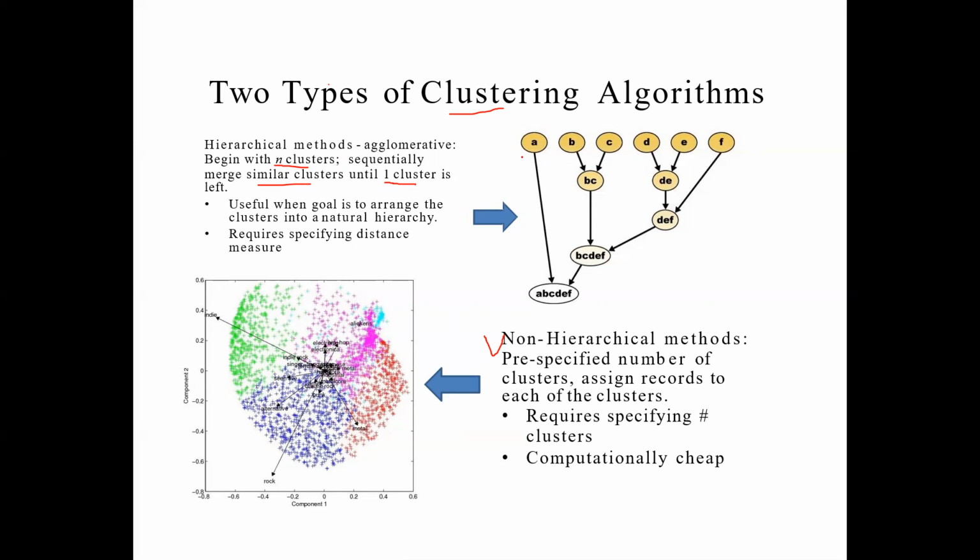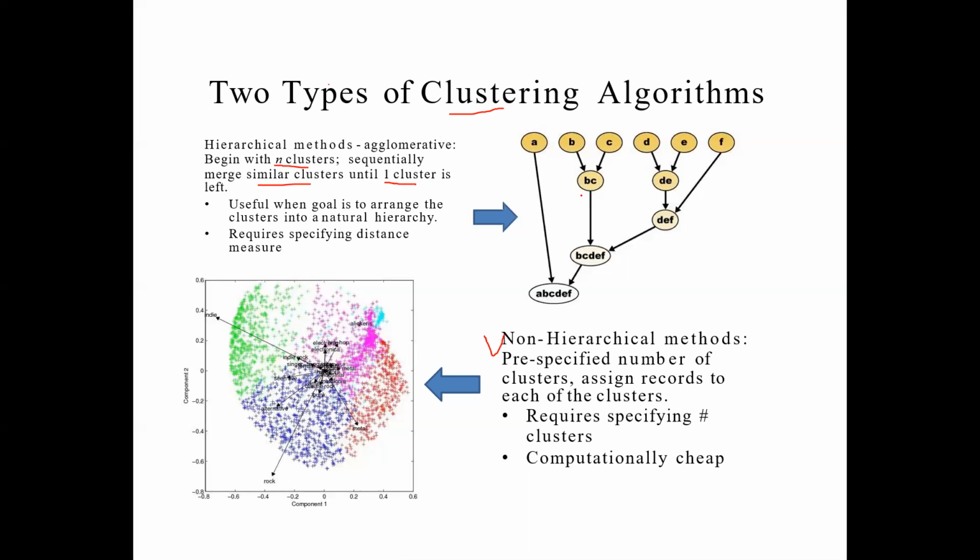For example, my data set includes 6 objects: A, B, C, D, E, and F. So in the first iteration of the clustering, we form 6 different clusters and every cluster has only a single object, right?